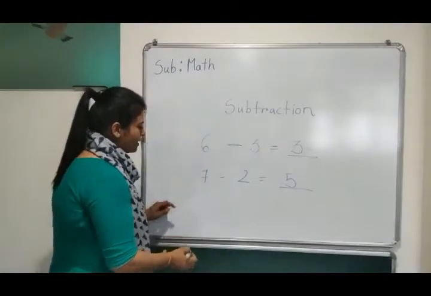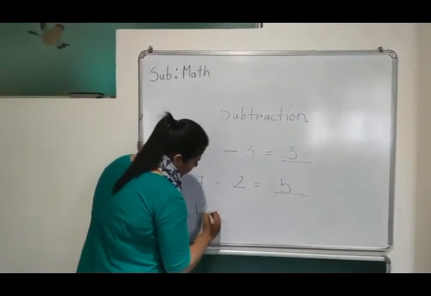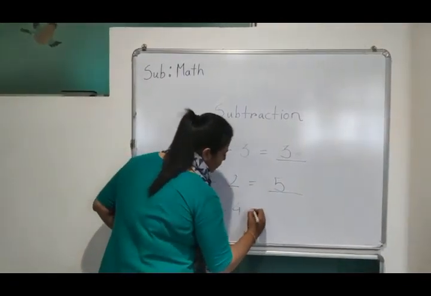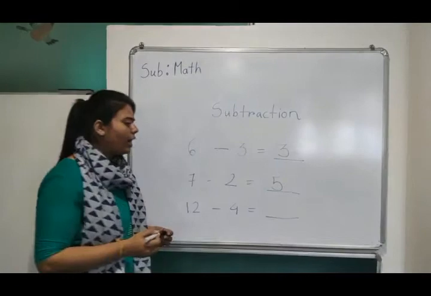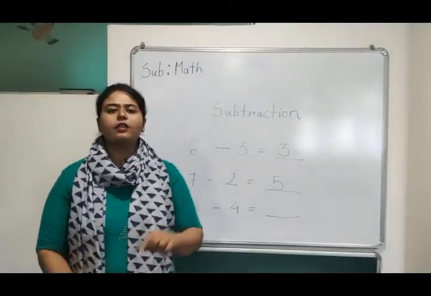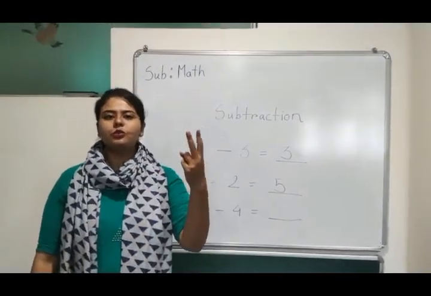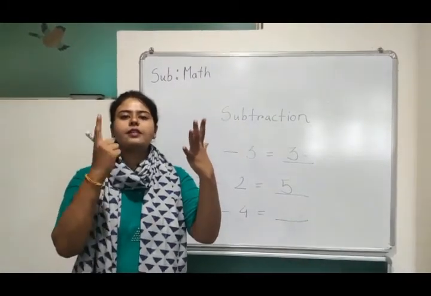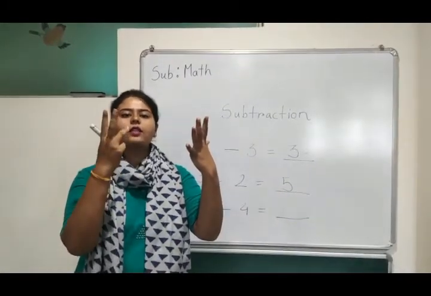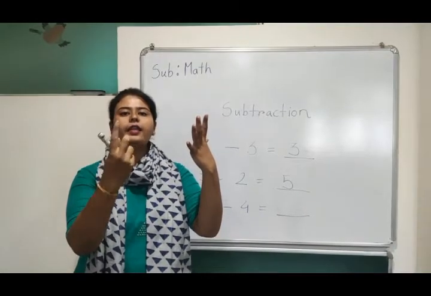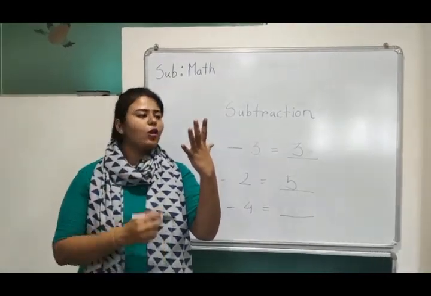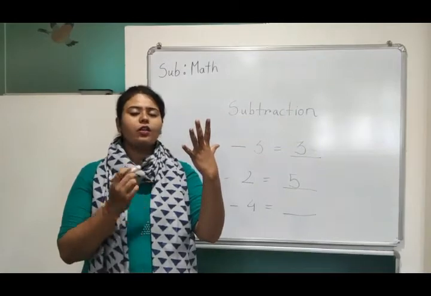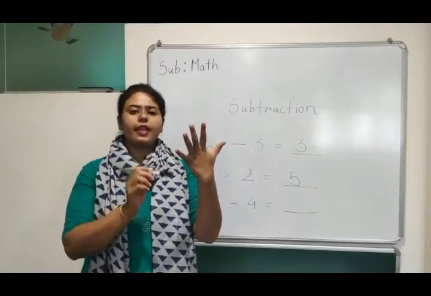Now next is 12 minus 4. So I will count first 12. 1, 2, 3, 4, 5, 6, 7, 8, 9 and 10. So I will not count on fingers.